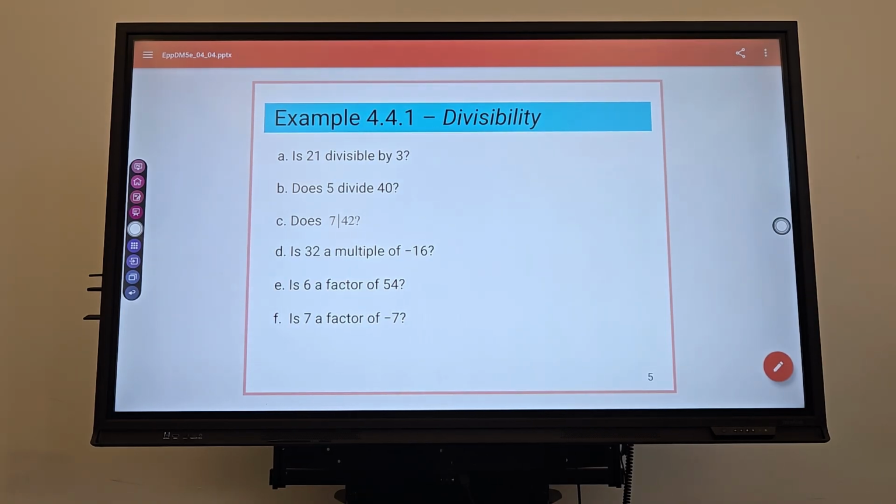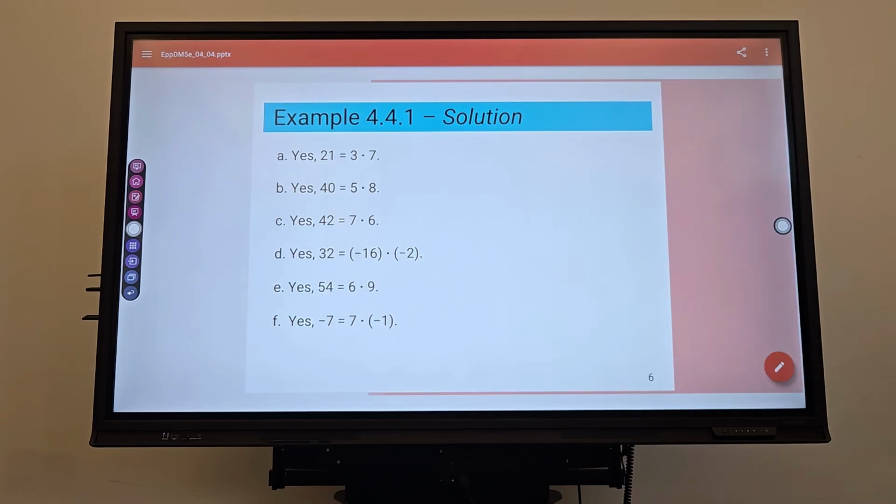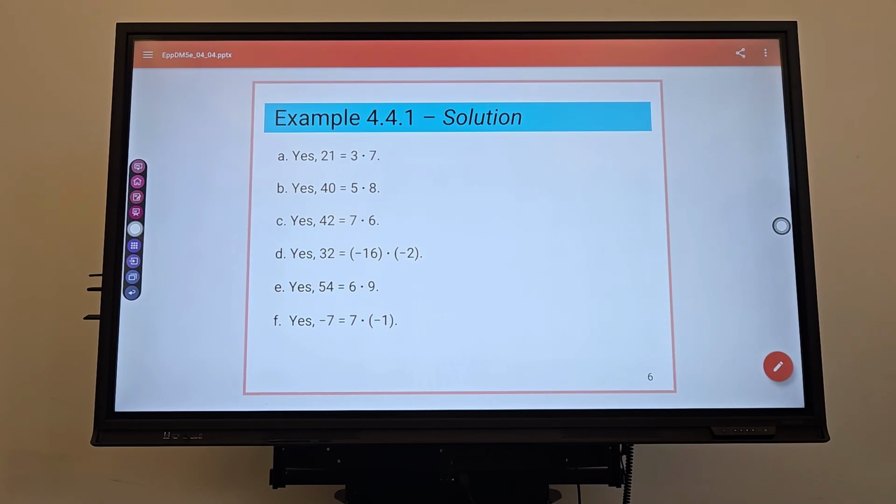Minus 2 is the other factor: multiply minus 16 by minus 2. Is 6 a factor of 54? Yeah. Is 7 a factor of minus 7? Yeah. Yes to all the above. So, yeah, you just got to think about it sometimes in terms of negative numbers.